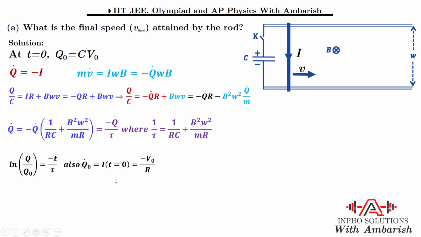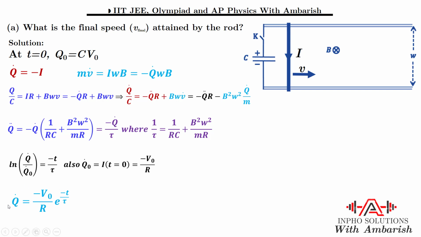So that gives you finally current as a function of time: q dot as a function of time comes to be minus v naught by r e to the power minus t by tau. So this is nothing but current at t equal to 0. So v naught by r is the current, or rather minus v naught by r. Okay, so we have now current as a function of time.